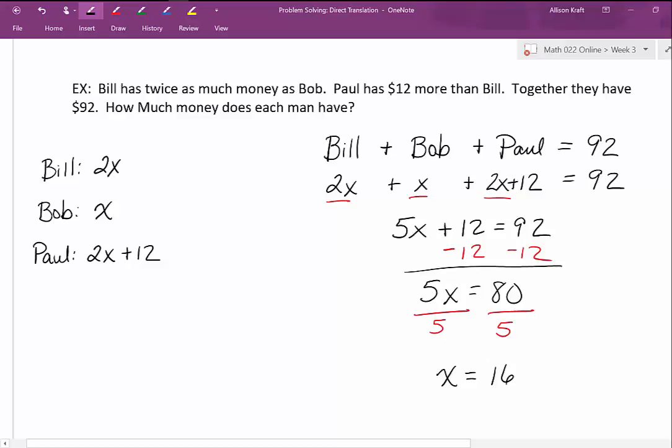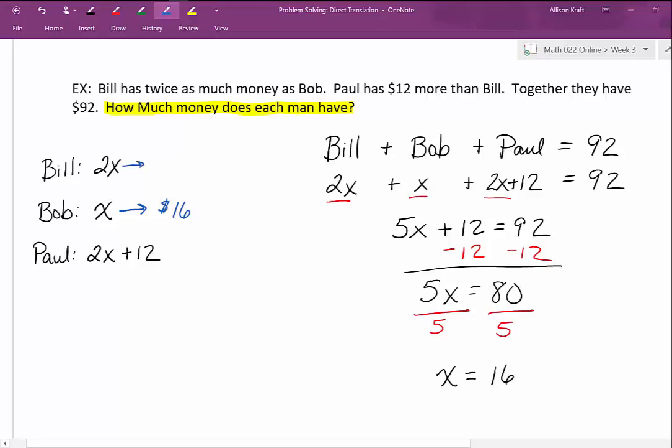We want to go back, reread our question, make sure we've answered the question. They asked us, how much money does each man have? Right now, all we've done is solve for x, and x represents the amount of money that Bob had, so we know that Bob has $16. We want to plug that value for x into each of these other two expressions and solve.